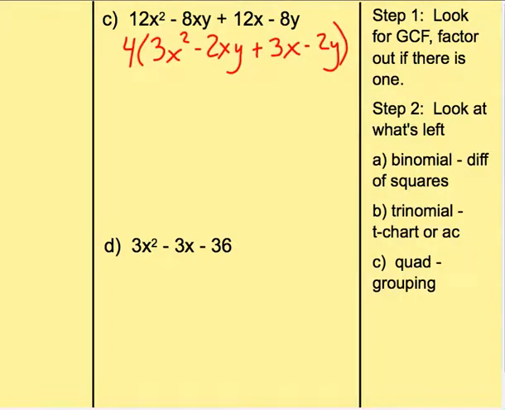Well, in my parentheses, I have a quadnomial, so my only option is to see if I can factor by grouping. So again, I'm going to drop my GCF. Looking at my first 2 terms, I have a GCF of x. Dividing that out, I get 3x minus 2y. My second 2 terms, again, no GCF, so it's a 1.